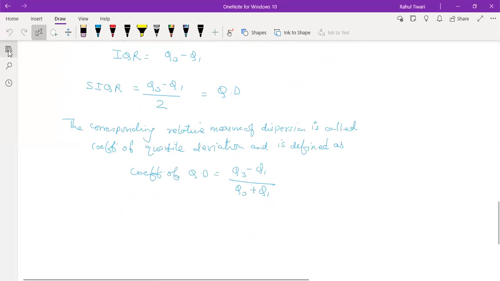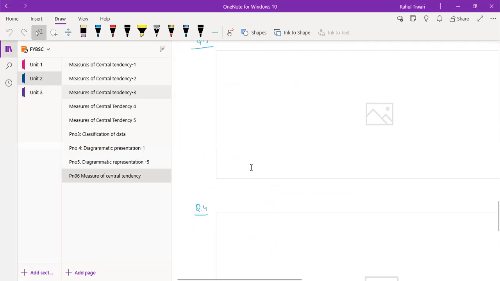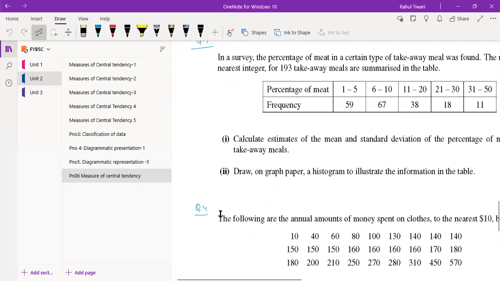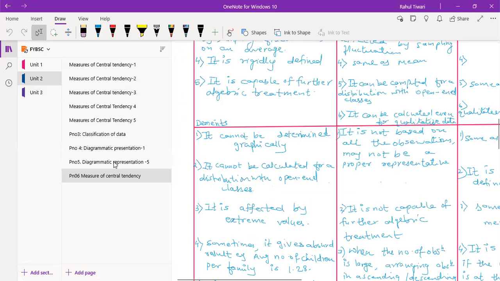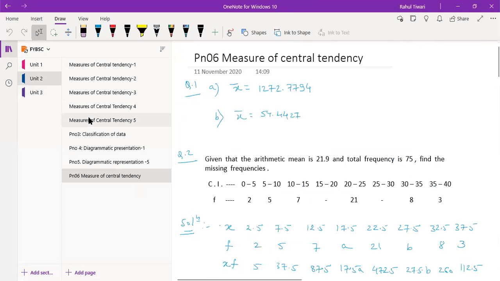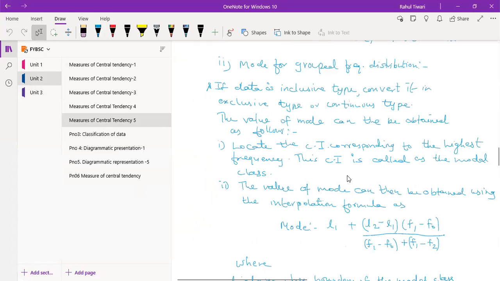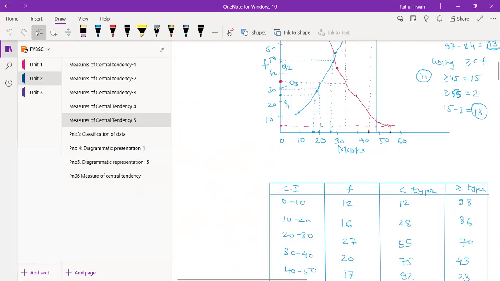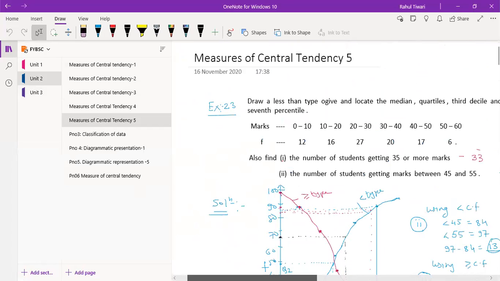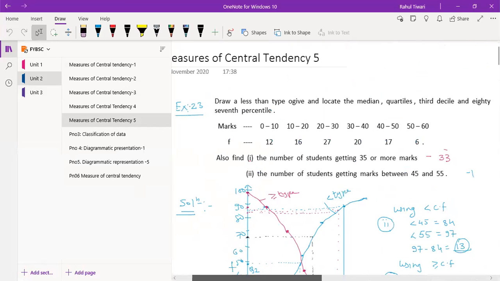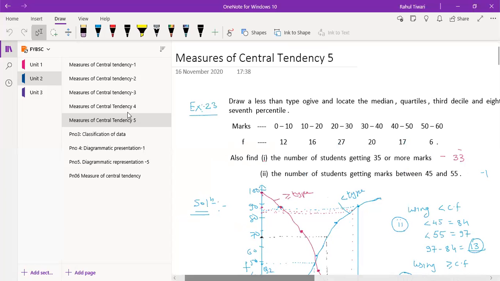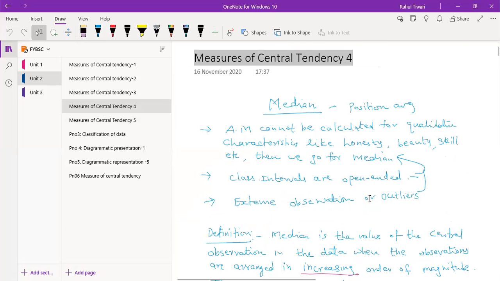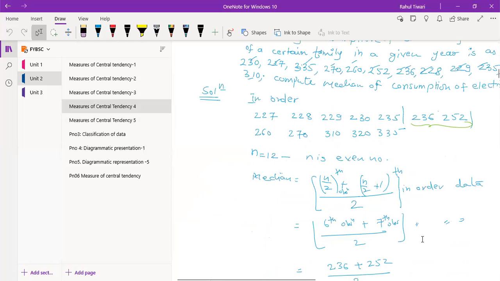So now can we refer to the previous examples? For example this one, or you may consider any raw data example.